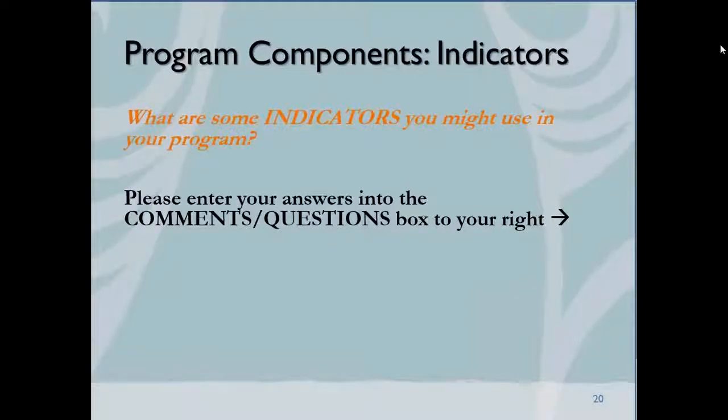A very important one, an indicator that looks at the reduction in teacher turnover in the first 5 years of teaching. Higher students passing Praxis 1. Looking at an indicator around the percent of students who are chronically absent.